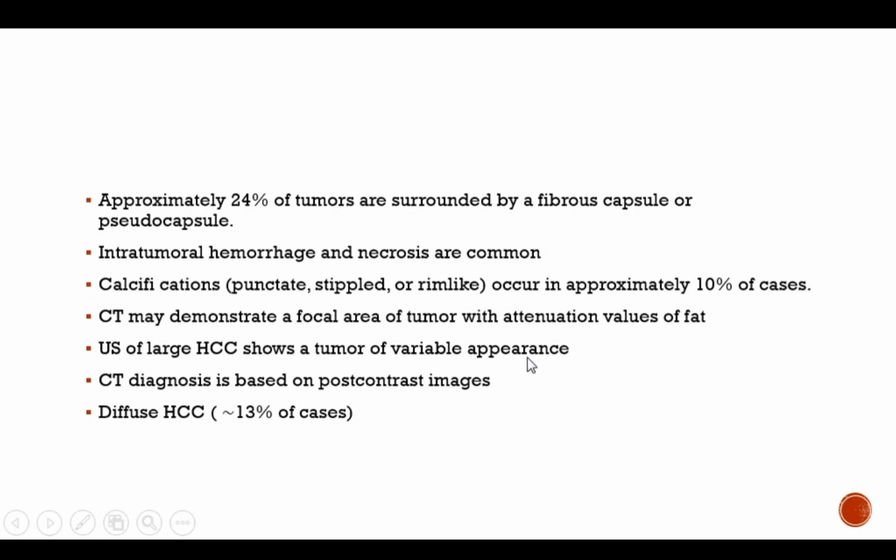It enhances in the arterial phase, but with delayed washout, meaning on the delayed phase it is still showing enhancement. Why is that? Because of new vessel formation, new angiogenesis, which gives it more vascularity, and they are abnormal vessels. They are not normal vessels.